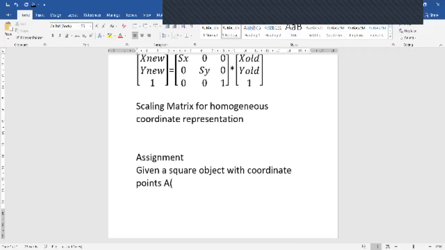There will be 4 coordinates: A is 0, 3, B is 3, 3, then C is 3, 0, and D is 0, 0.